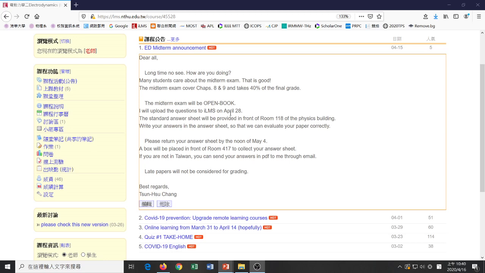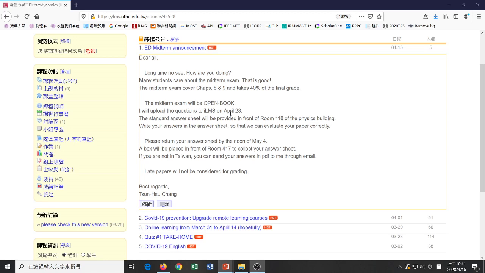Write your answers in the answer sheet so that we can evaluate your paper correctly. Please return your answer sheet by noon, 12 o'clock, of May 4th. A box will be placed in front of room 417 to collect your answer sheet.